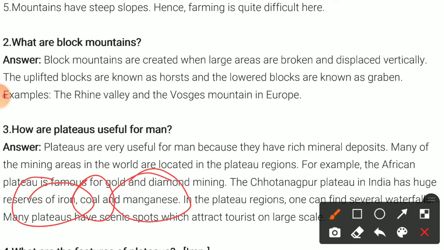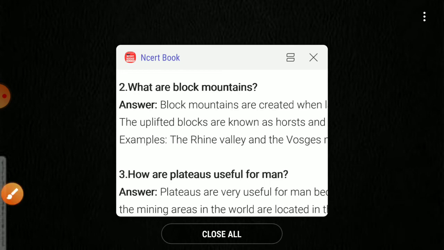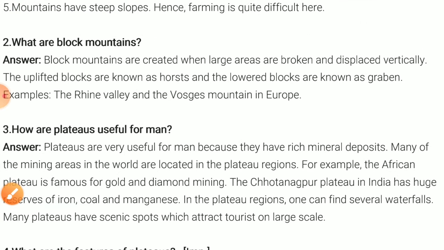We are using these plateaus, plains, and mountains for our own purposes, but we have to use them in a proper manner, because these are limited resources in the world.